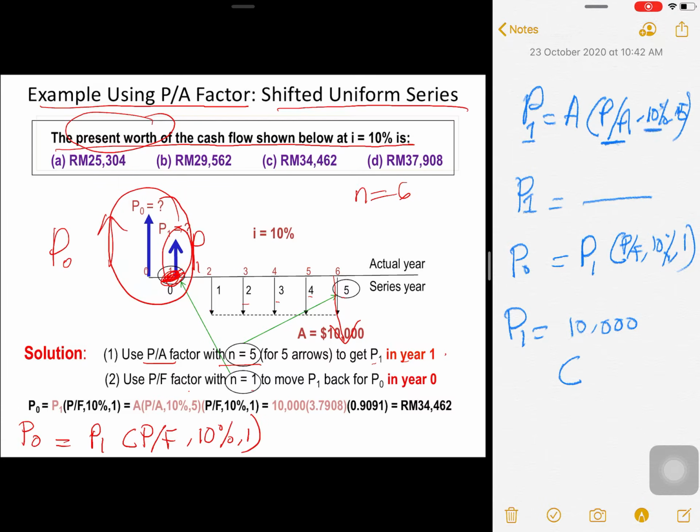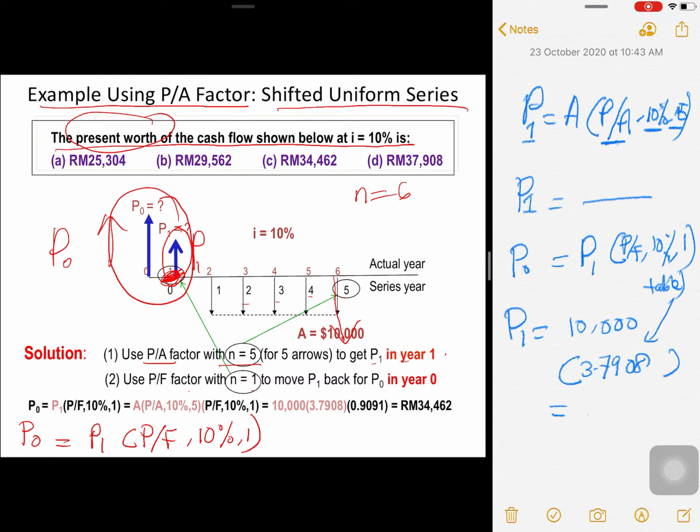And then you want to find P over A, 10%, at n equals to 5. You get a figure, which is actually 3.7908. Okay, this is from the table.